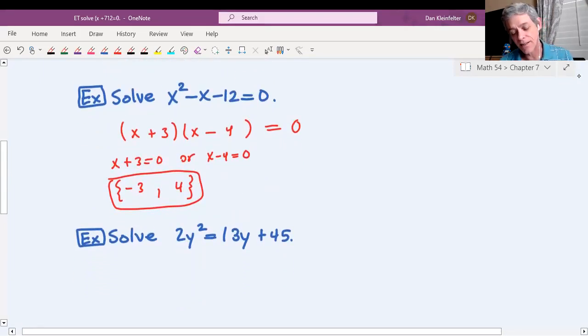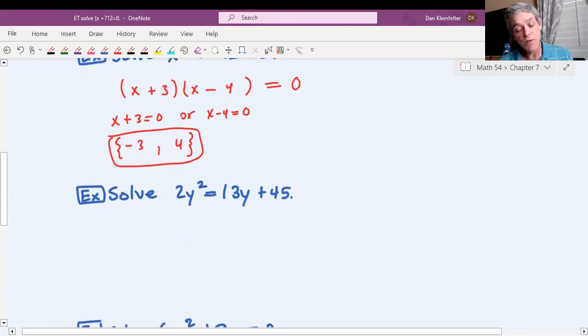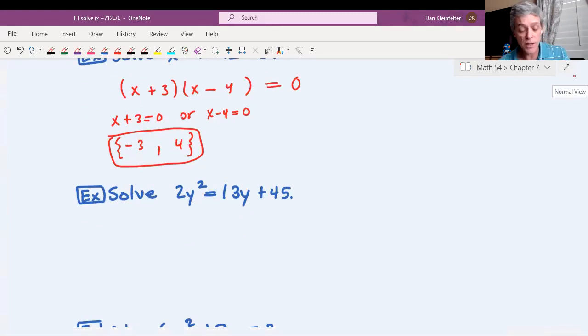Okay, let's try this again. So now we've got 2y squared equals 13y plus 45. So what I would do first is collect all the terms onto one side. If we're going to use the zero product property, I have to have it set equal to 0, right? So I've subtracted 13y from both sides.